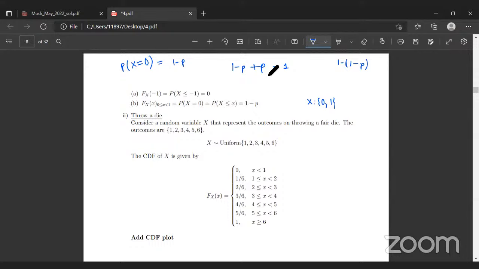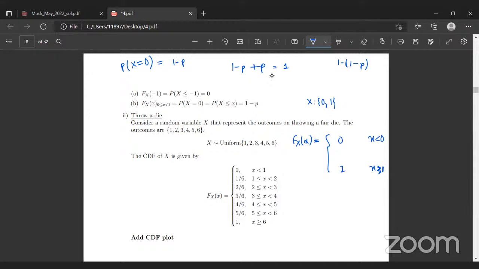Now, if we have to find the CDF of this random variable, for x less than 0, we just put it as 0, because as x approaches minus infinity, F_X should approach 0, correct? And as x approaches infinity, F_X should approach 1. So if x is greater than or equal to 1, it should be 1, right?